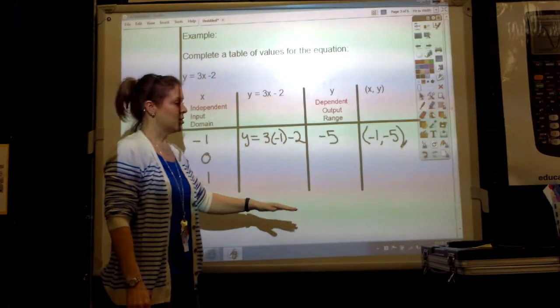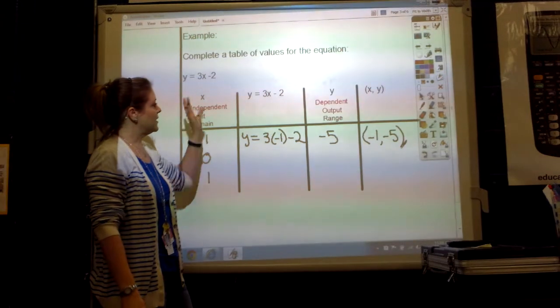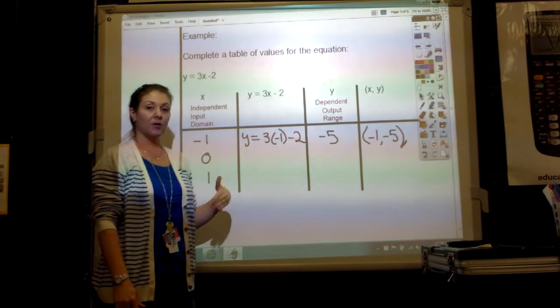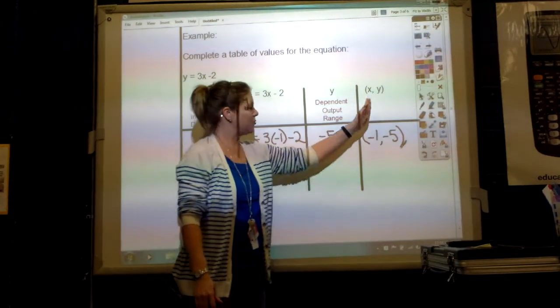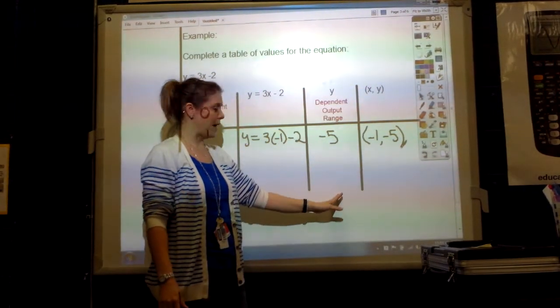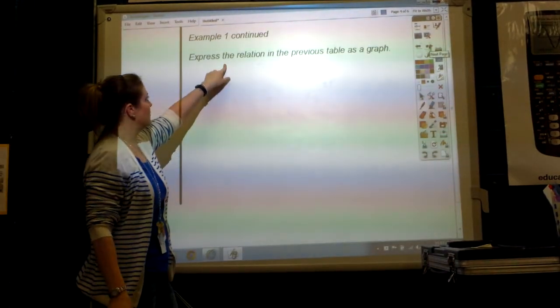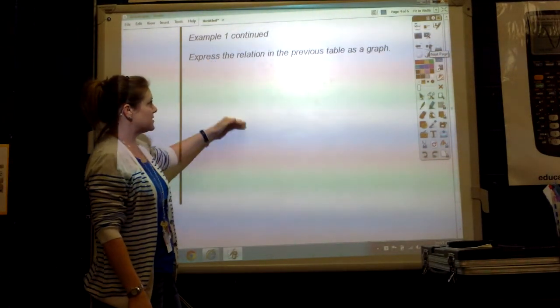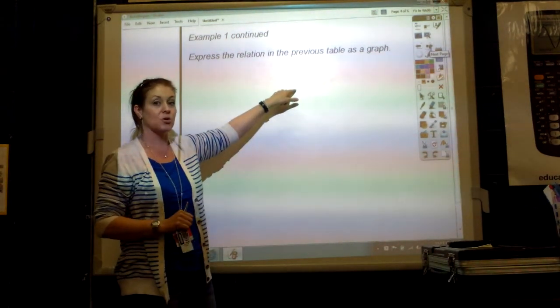We've done that. So I'm going to leave this for you to finish. Finish these 3. Give me your 3 ordered pairs, your 3 new output or range numbers. Then, the second part of example 1, express that relation, those 3 ordered pairs that you get in your table, as a graph.